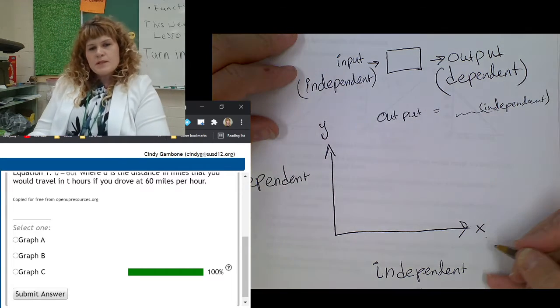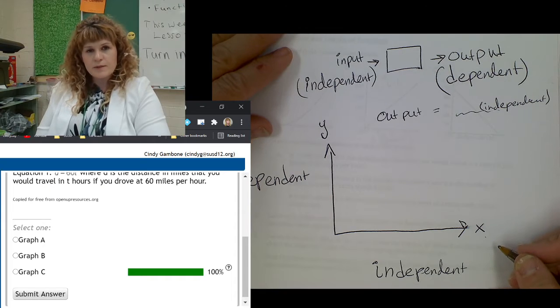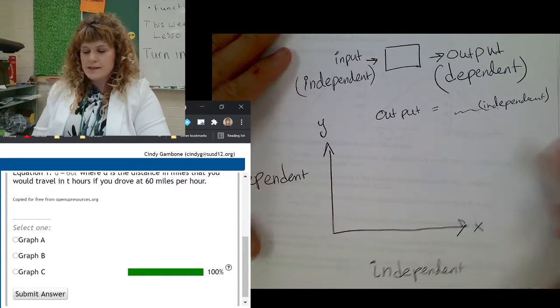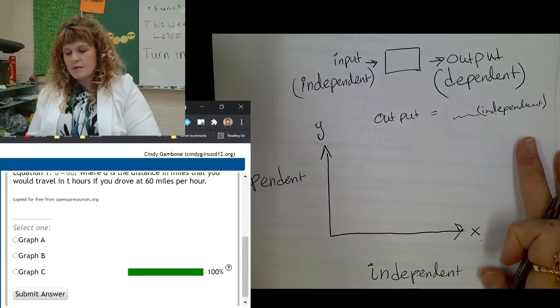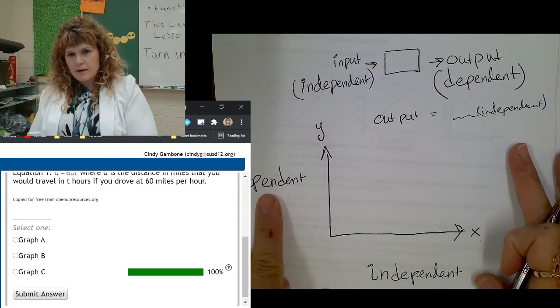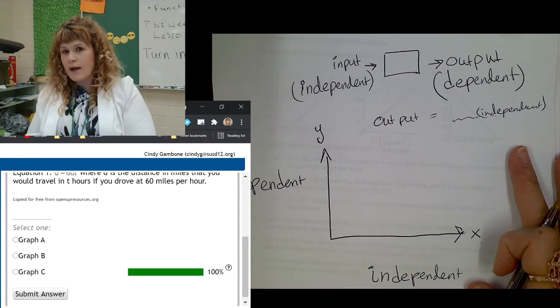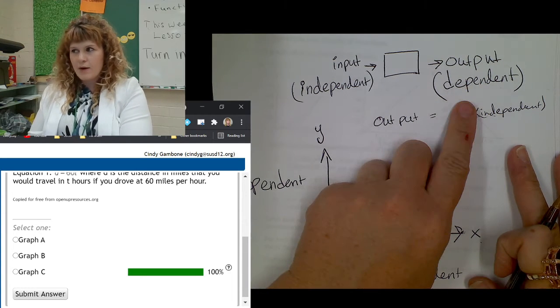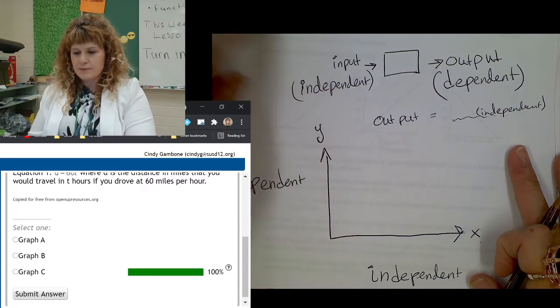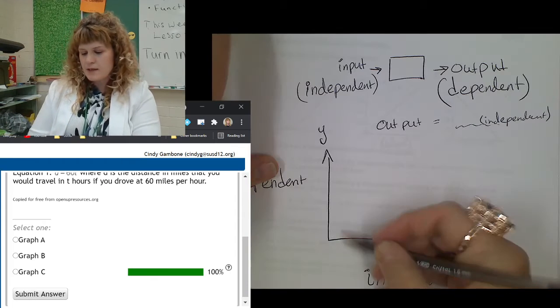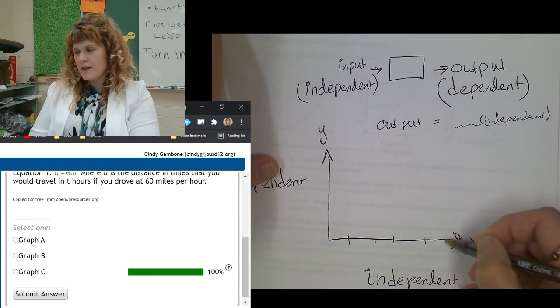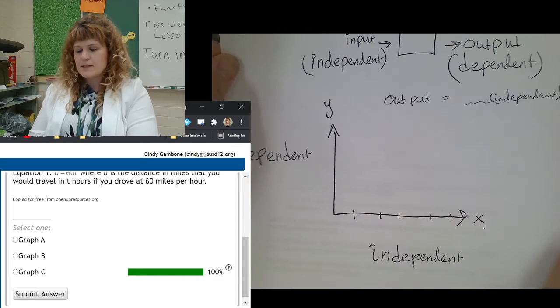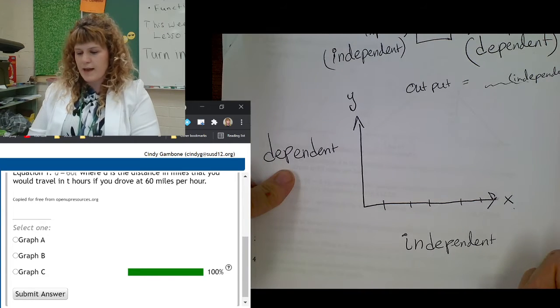I described this really well in the notes for lesson 3 and 4. I'm just summarizing it here. You have to remember the dependent variable depends on what the independent variable was. In other words, the output depends on the input. Please remember, independent variable goes on the x-axis. Dependent variable goes on the y-axis.